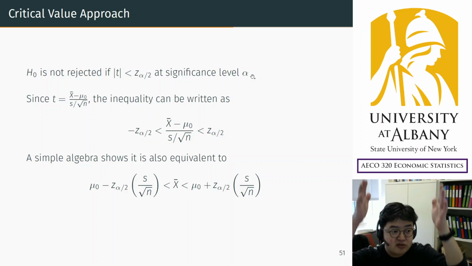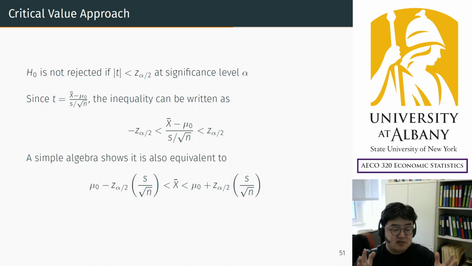So basically the three decision rules should be consistent with each other. So we have to convert the decision rule from the t-statistic. This is the t-statistic decision rule: the null hypothesis is accepted, not rejected, if the standardized difference is smaller than lowercase z alpha over 2. So then what you do is undo the standardization.